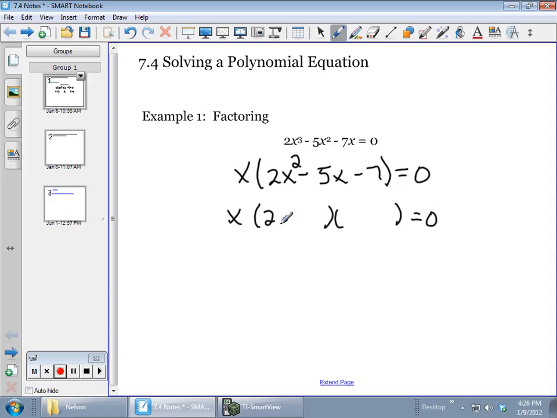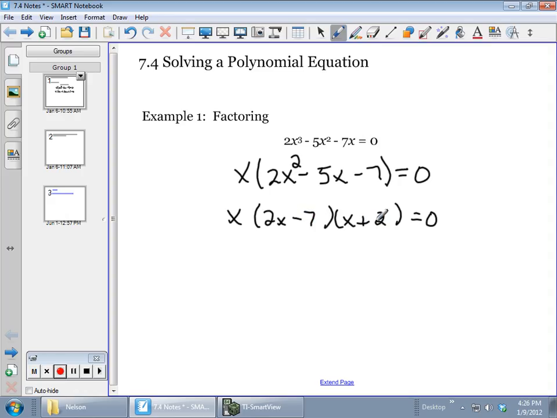It would factor, let's see, 2x and x. That'll give us 2x squared. And it's got to be negative 7, so it would be negative 7, 1, or 7, negative 1, or negative 1, 7, and so on. If I put a negative 7 here, that's going to be 2 times negative 7, which is negative 14. That's way too big. So maybe I'll try putting a negative 7 here, and then a plus 1 here.